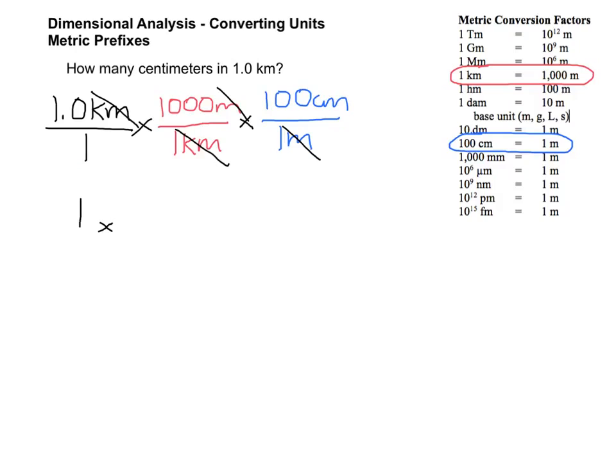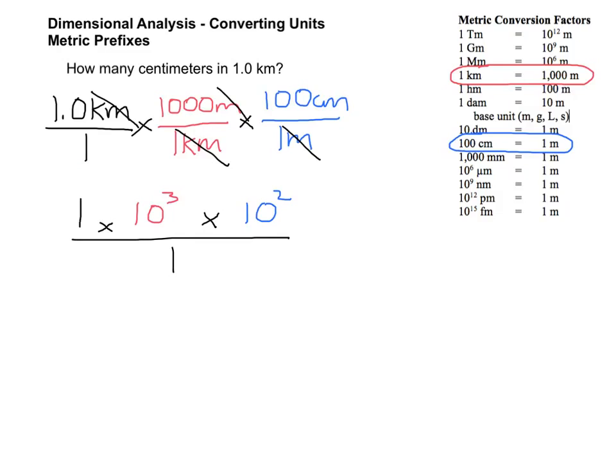Well, using scientific notation, we can see that 1,000 can be rewritten as 10 to the third power, and we still have 100, which can be written as 10 to the second power, and that's all going to be over 1. Because 1 times 1 times 1 is 1.